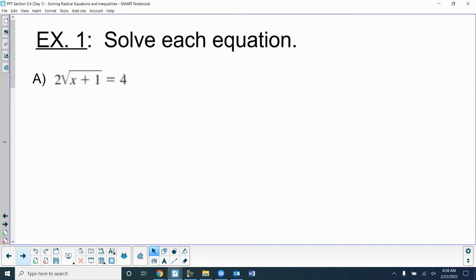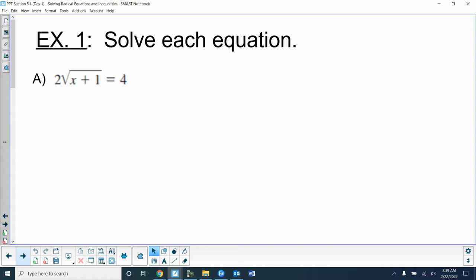All right, so here's a radical, 2 times the square root of x plus 1. On the left, is the radical part all by itself? No. What's with it? 2, right? So I have to move the 2 to the other side. How do I move the 2?